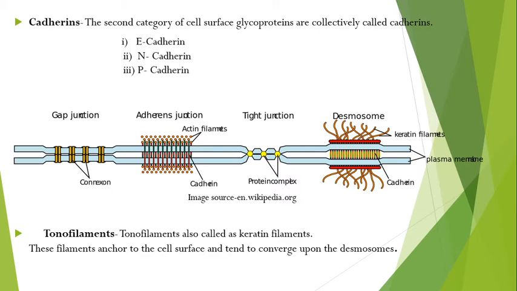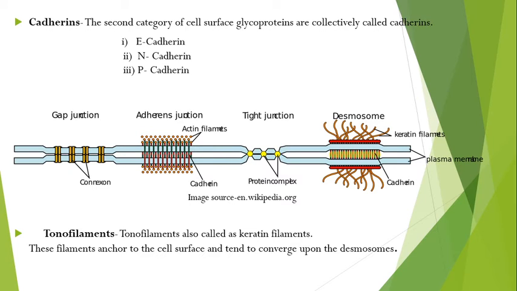E cadherin is found on many types of epithelial cells, N cadherin on nerve cells, heart cells and lens cells, and P cadherin on cells in the placenta and epidermis.